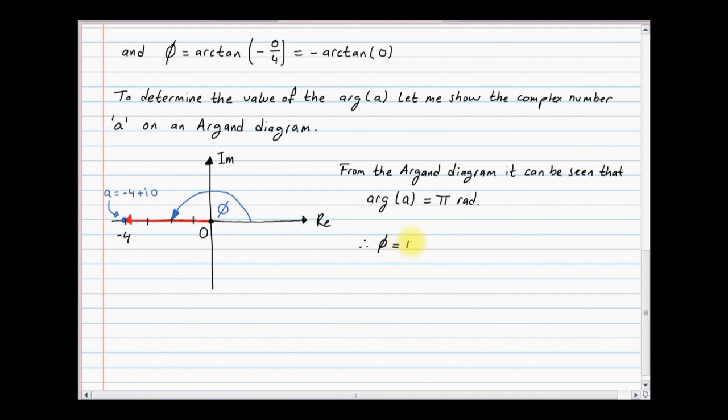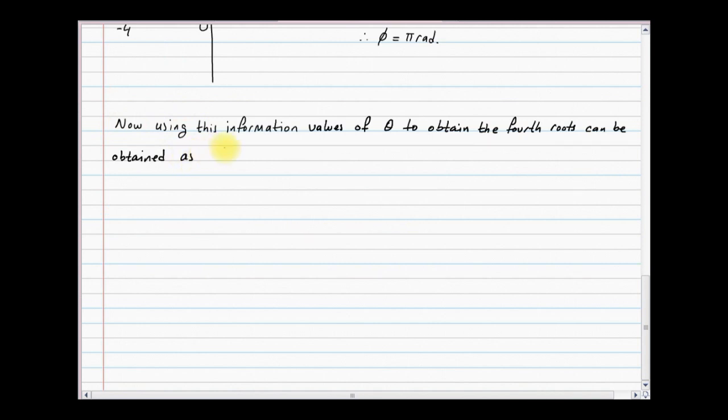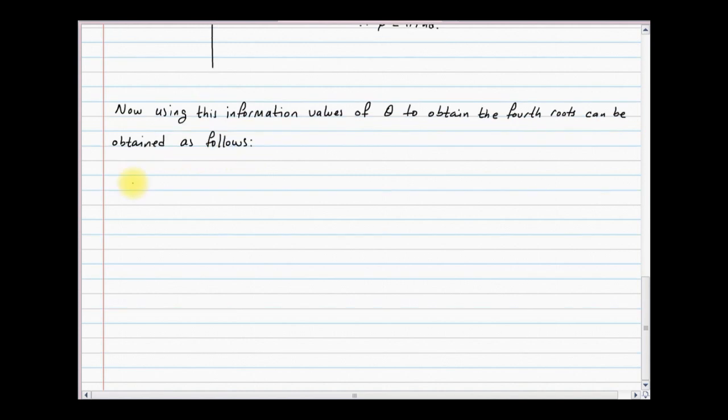Therefore, phi equals pi radians. Now, using this information, values of theta to obtain the fourth roots can be obtained as follows. n equals 4 and phi equals pi radians.